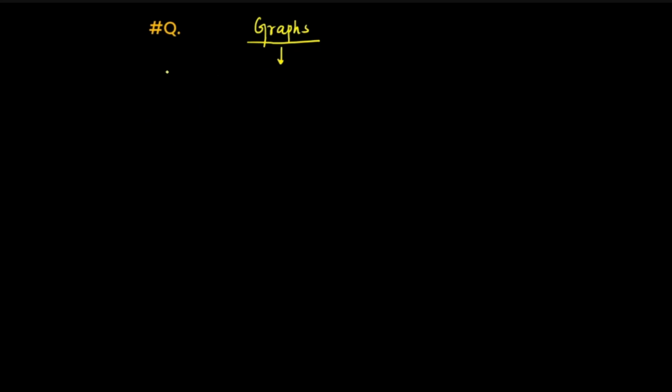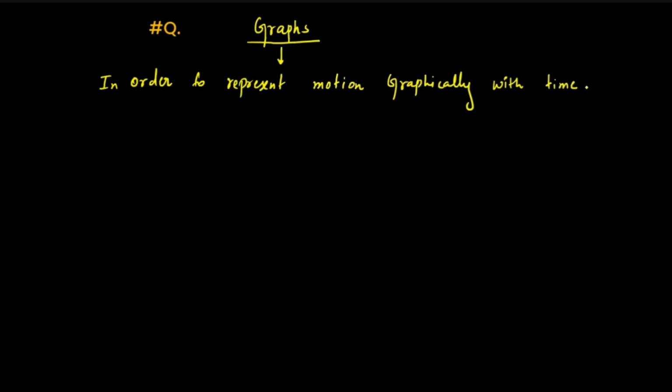So, now we have to talk about graphs. Graphs are used to represent motion graphically, when we are representing different physical quantities with respect to time. Such things come under the graph section.